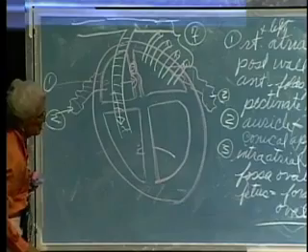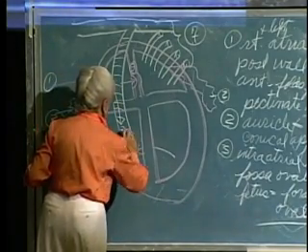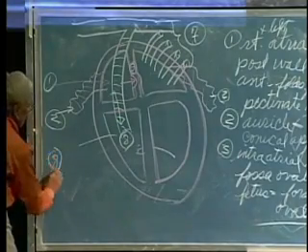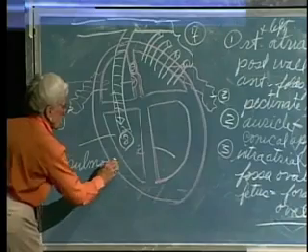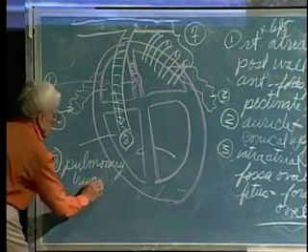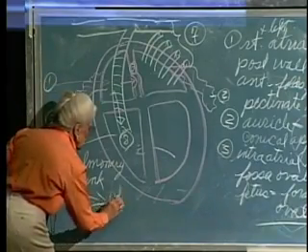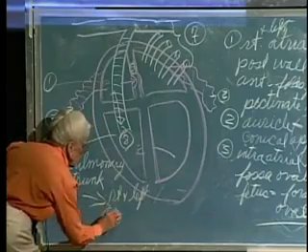So we have 8 is a pulmonary trunk. And will divide into a right and left pulmonary artery.